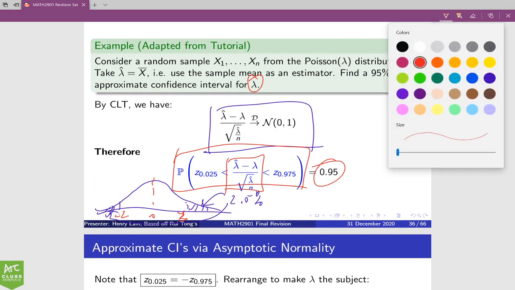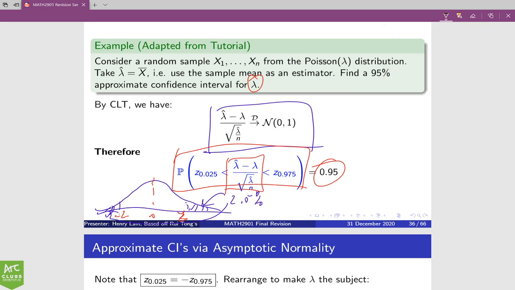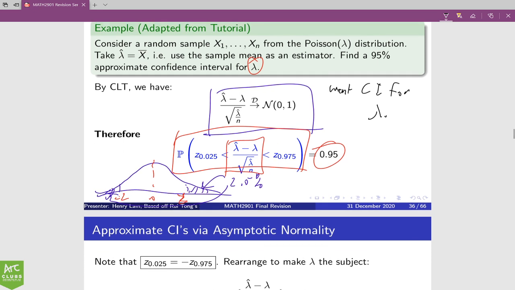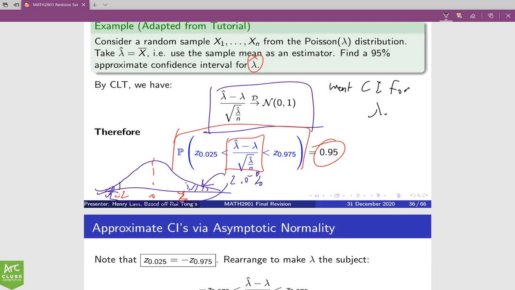Now, since we want a confidence interval for lambda, all you do is make lambda the middle term. If I were to erase all these red things here, it's not too difficult because lambda is literally only in the numerator.